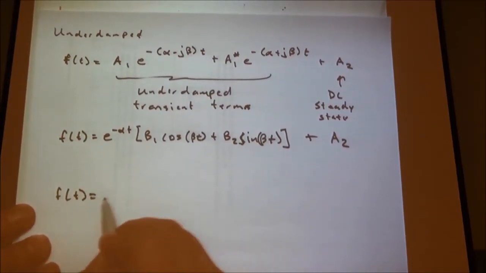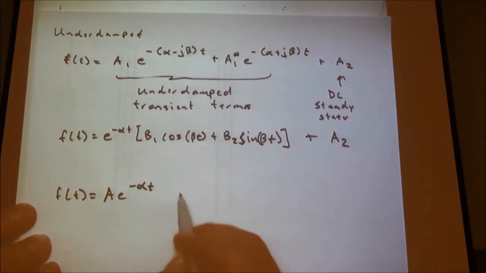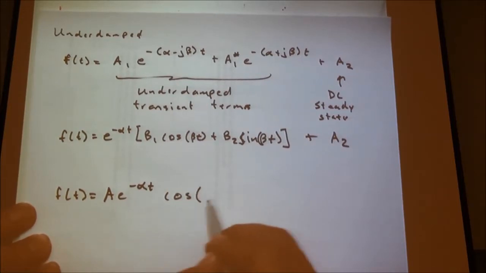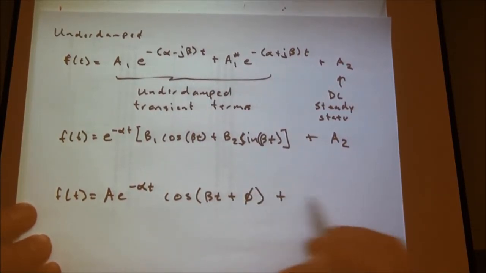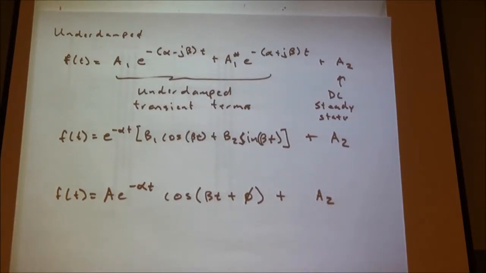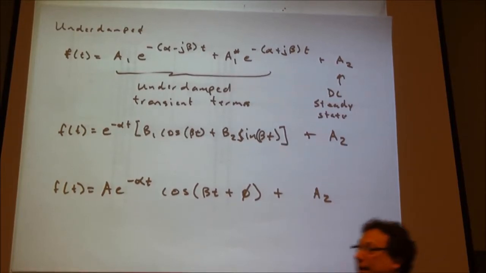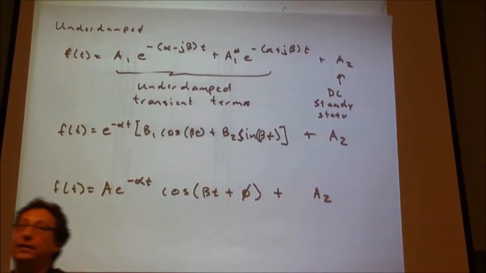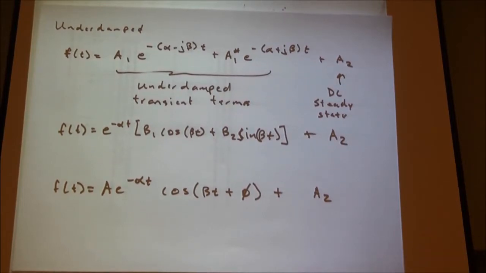And I've mentioned this before, but each of these coefficients is, of course, different. The DC steady state term has to be the same for each, so I left that as A2. These are all different ways of writing the same thing.